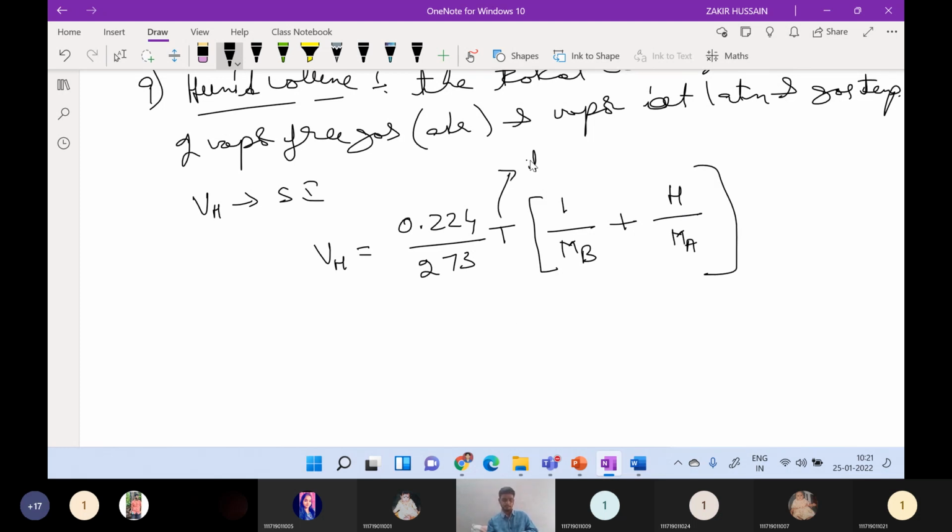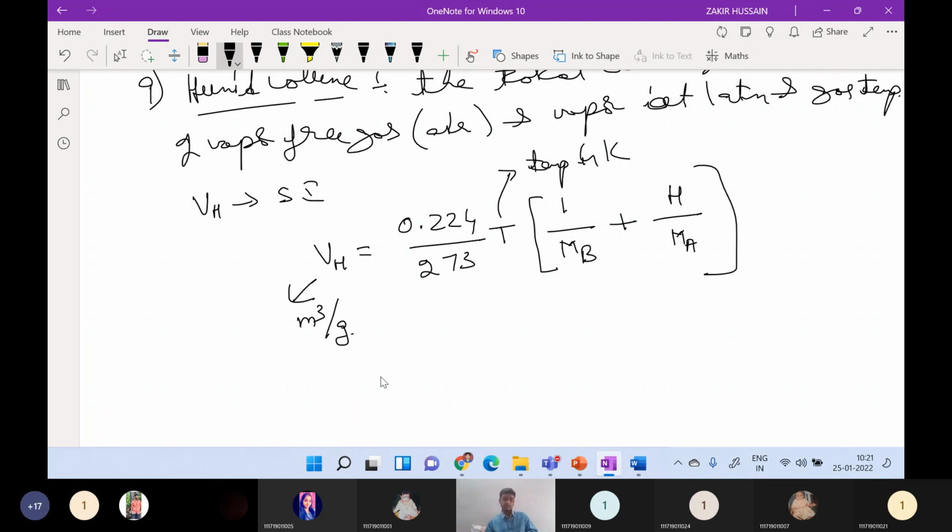This is temperature in Kelvin. This VH will be in meter cube per gram of your air. This much volume is there for each gram of air.